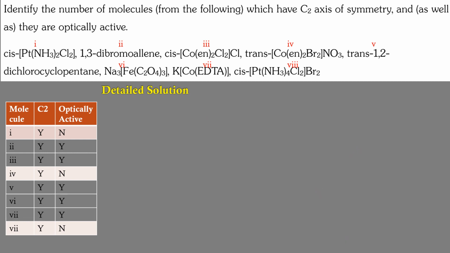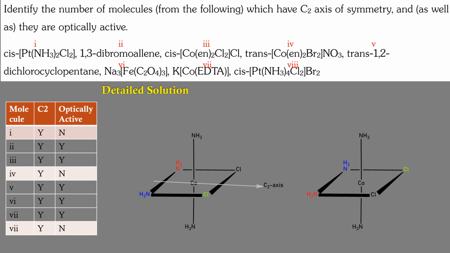The last molecule here, that is very much straightforward. We are having 4 ammonia and 2 chlorine. And this was told to be cis. So because it was told to be cis, we have put both the chlorines onto the closer positions. Now again, just like the rest of the molecules, we are doing the horizontal flip, keeping the 2 ammonia on the top and bottom.